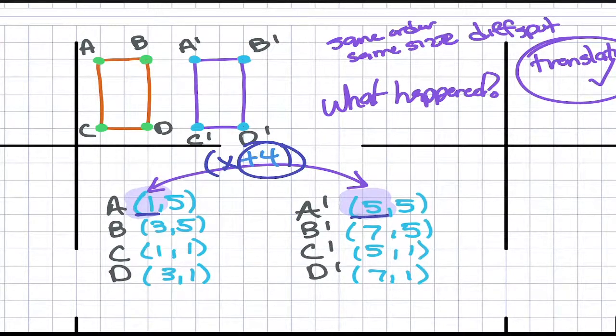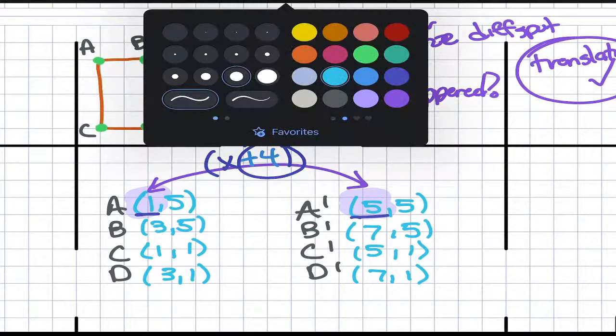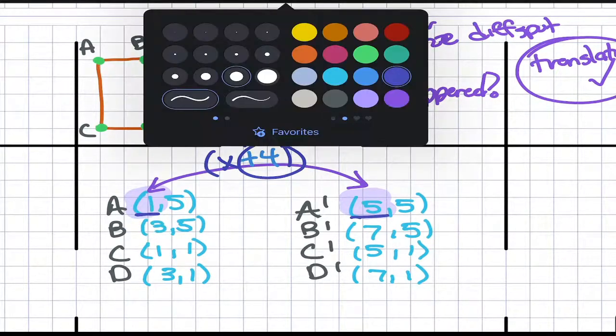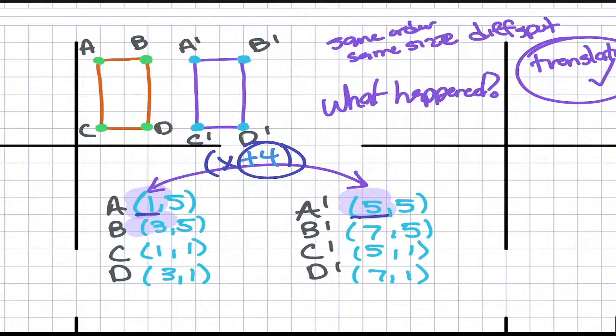Let's see if that holds true for the rest of them. If you take whatever the first x is and add 4 to it, do you end up with what happened? 1 plus 4 is 5. 3 plus 4 is 7.